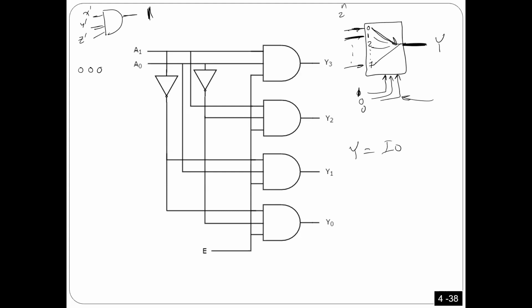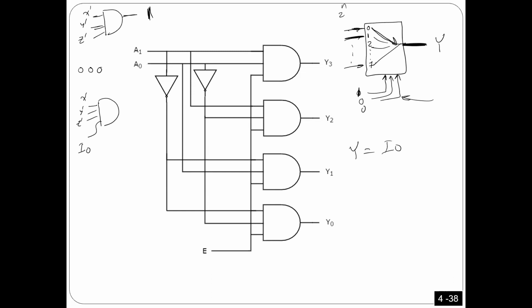I'm gonna take the same idea, and put X prime, Y prime, Z prime. These are the selectors. And then I'm gonna put here input number 0. That's it. I'm gonna use the same design, but with input number 0 here, input number 1 here, input number 2 here, input number 3 here.